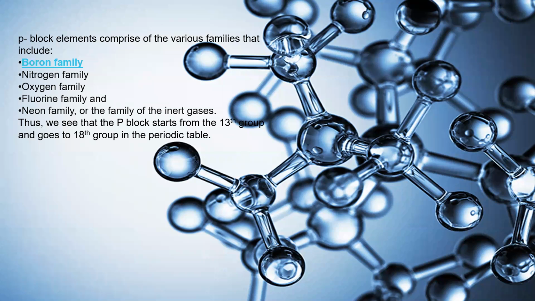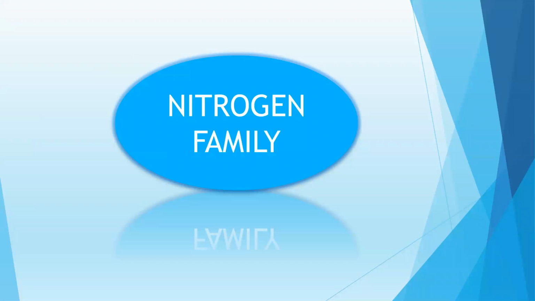P block elements comprise various families that include the boron family, nitrogen, oxygen, fluorine and neon families. Thus we see that the P block starts from the 13th group and goes to the 18th group in the periodic table. We will be talking about the nitrogen family, as the boron family we have already learned in grade 11th.